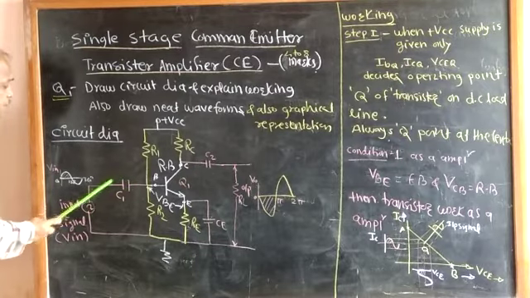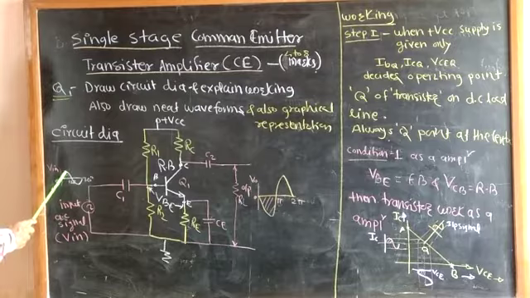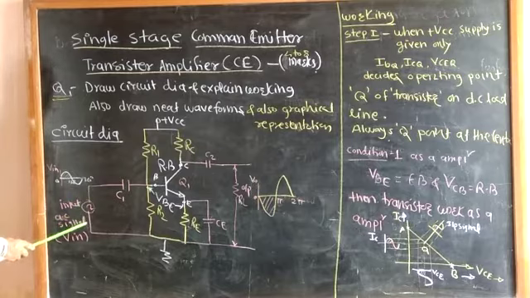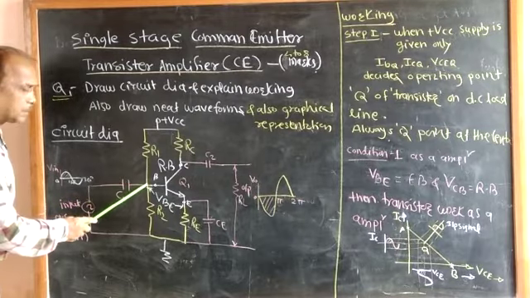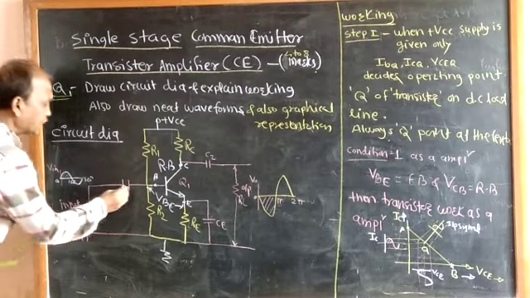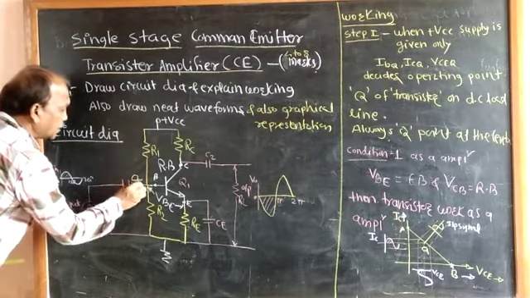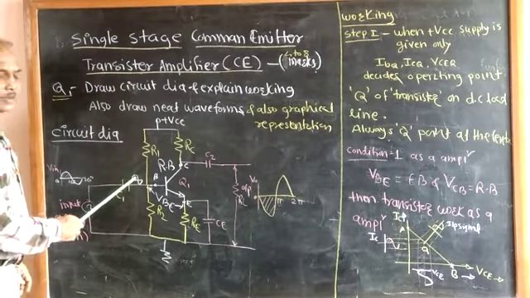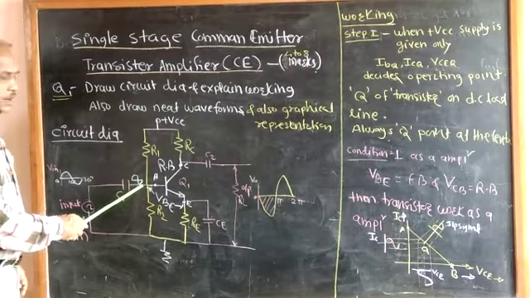The function of the coupling capacitor is to pass only the sine wave signal, and if any DC component is present at the input side, it does not allow it to pass. So after the capacitor we get only a pure sine wave signal, which contains a positive half cycle as well as a negative half cycle.